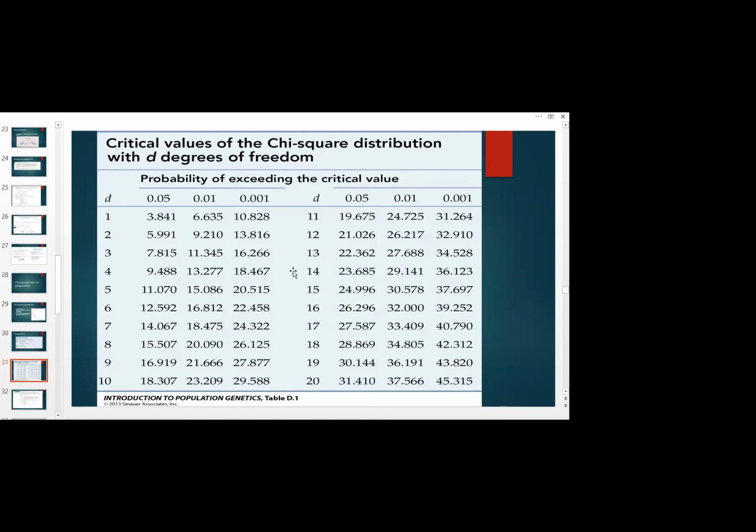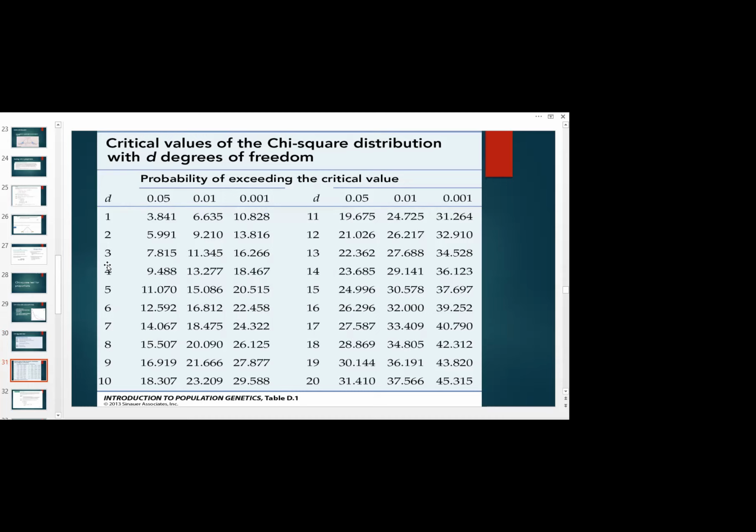This is chi-square distribution, and this is a table of chi-square. Now on the x-axis they have taken the level of significance. It can be 0.05, 0.01 according to your hypothesis, or you determine the level of significance. And on the y-axis we have degree of freedom.